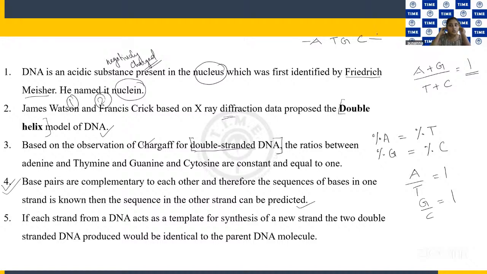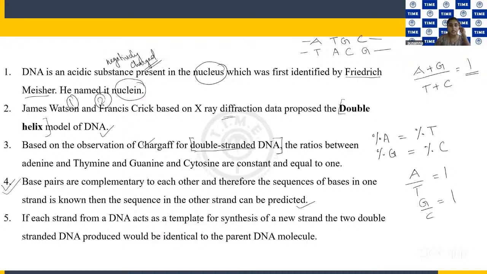If you know this, you can find the sequence on the opposite strand because they are complementary. Adenine is complementary to thymine, thymine to adenine, guanine to cytosine, and cytosine to guanine. In this way, you can identify the sequence in the opposite strand.